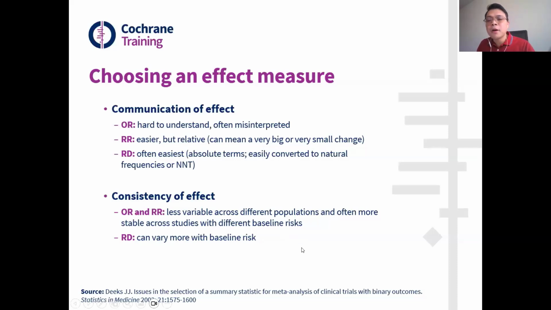They are less variable across different populations and across different studies compared to risk difference, which can be heavily influenced by different baseline risk in populations. So if you are aiming for a more generalizable effect measure across studies, across populations, then the odds ratio and the risk ratio might be preferred.